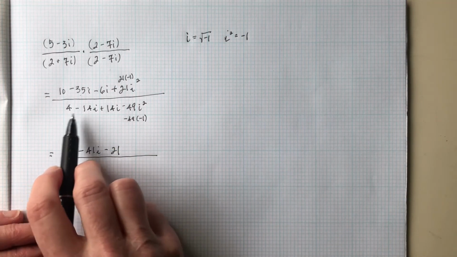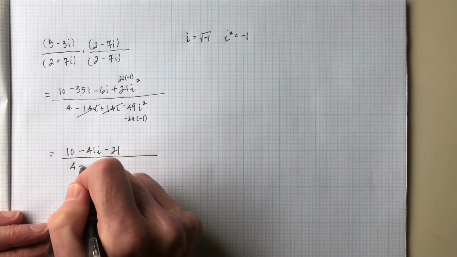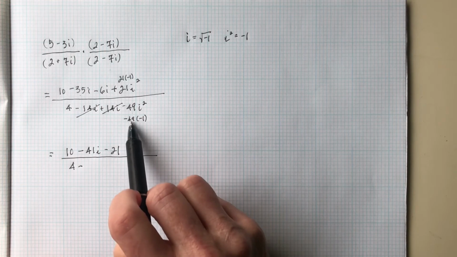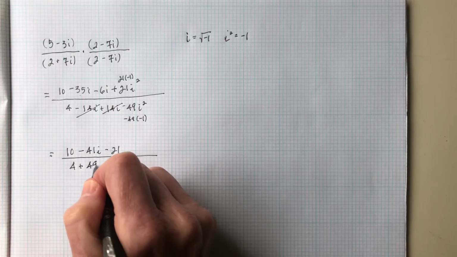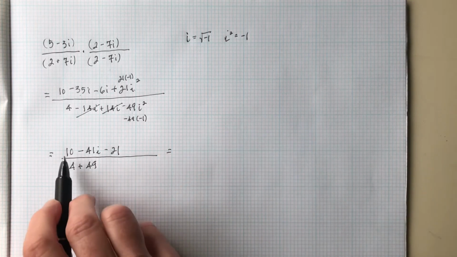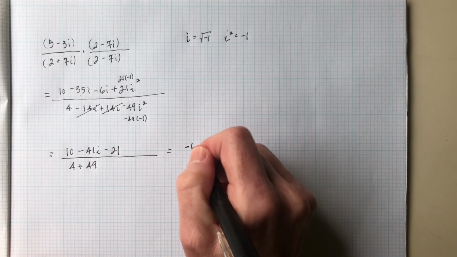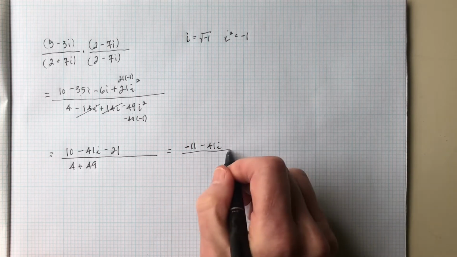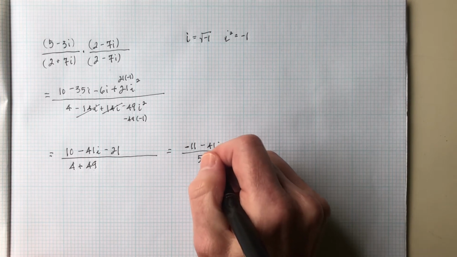In the denominator, well, these terms cancel out, which is great. And then we have 4 minus, all right, so negative 49 times i squared, negative 49 times negative 1 gives us positive 49. And so in our final answer, we combine these guys, 10 and negative 21 give us negative 11, and then minus 41i over 4 plus 49, which is 53.